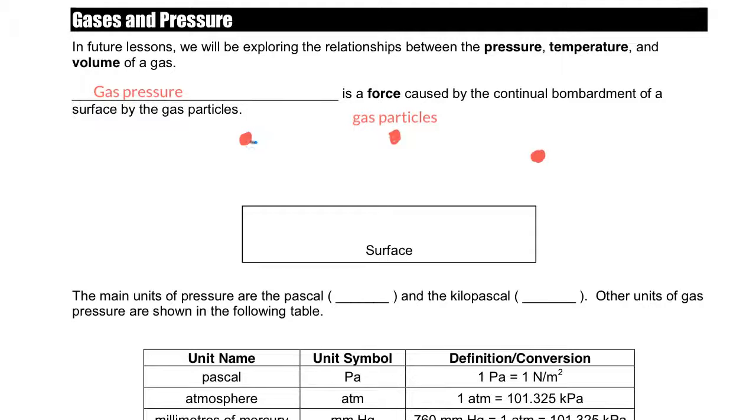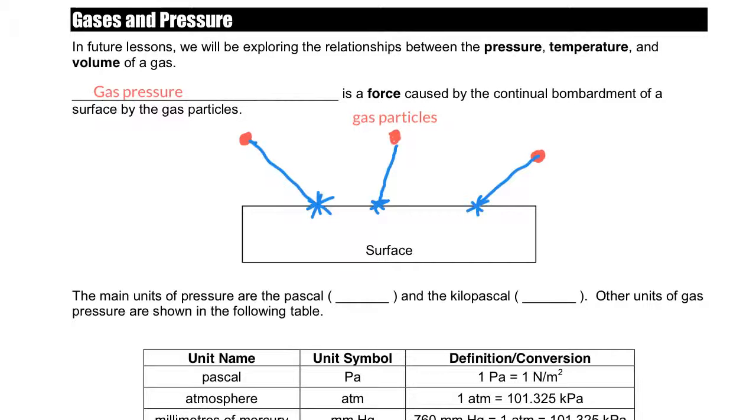So if the particle moves in a straight line, it's going to hit the surface. So there's an impact there, which causes a force. If another gas particle moves and hits the surface, that causes a force on the surface. If we have another particle hitting the surface, that causes another force.